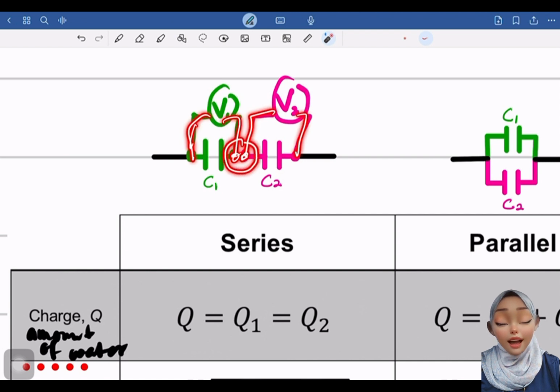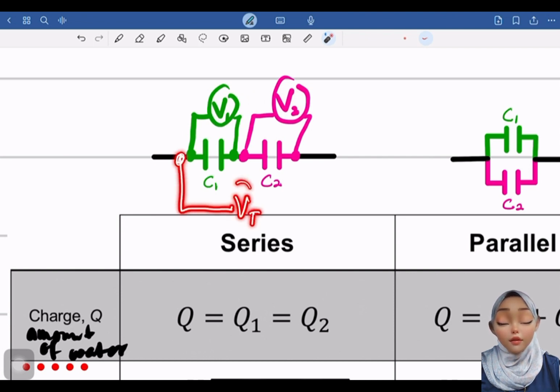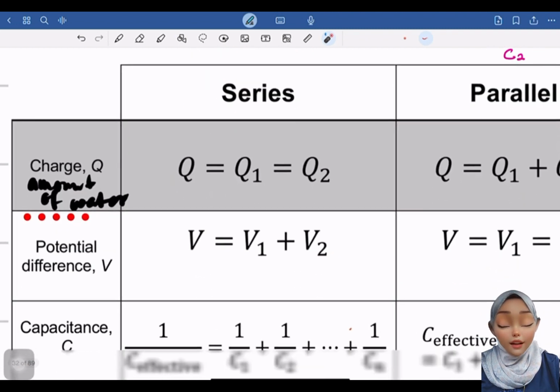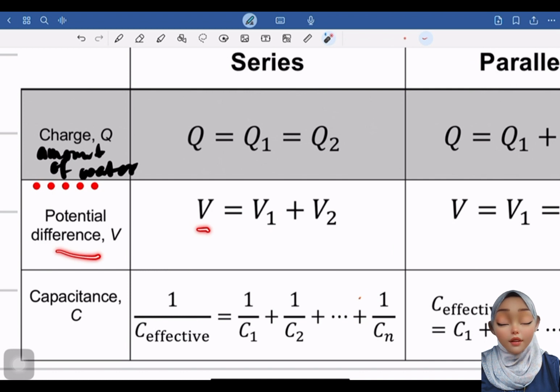They only meet here. So we can see V1 plus V2. If I have another voltmeter, the master voltmeter, I'm going to put here VT, terminal voltage. We can see that VT is the sum of V2 plus V1, like this. That's why our potential difference is V1 plus V2 equals V.